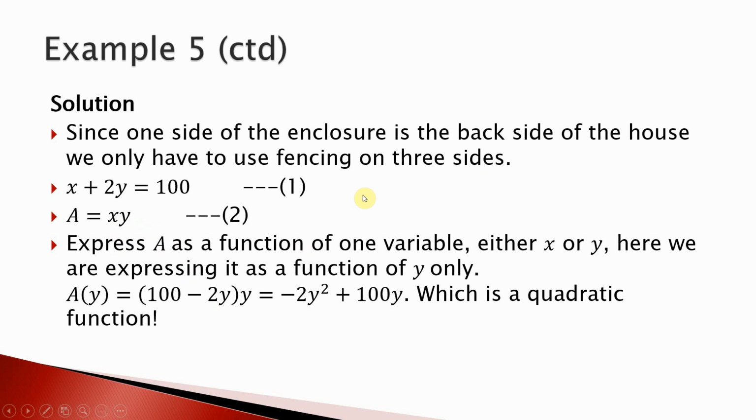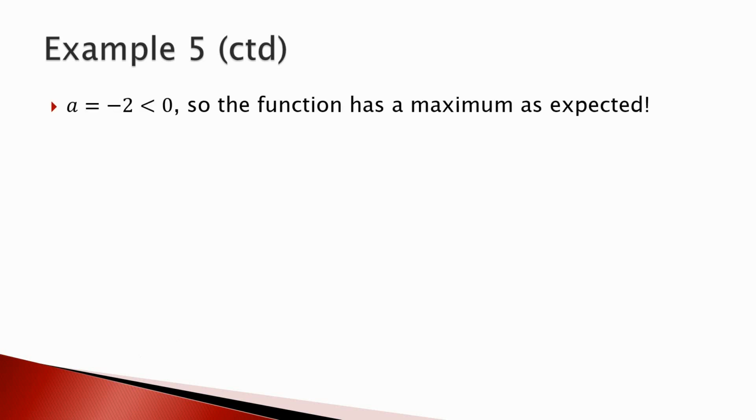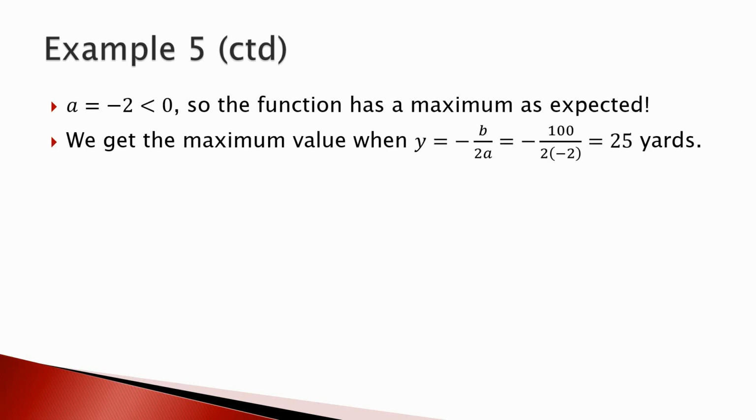Now we are going to find the maximum value of this quadratic function. So we have expressed A as a function of y only. Identify a, b, and c, and a is negative, so the function has a maximum as expected, and we attain the maximum at negative b over 2a, which we discussed earlier when we did completing the square.